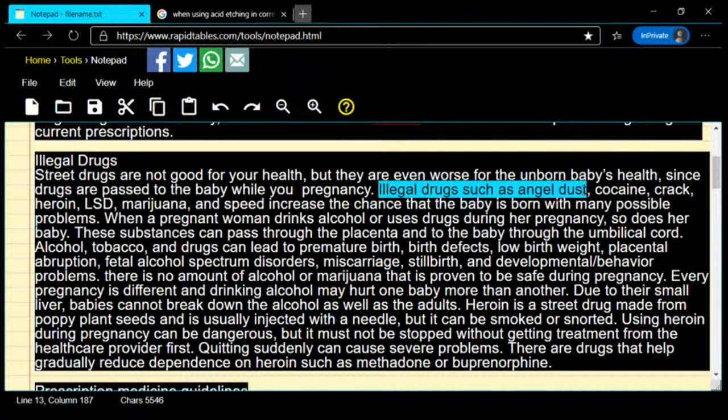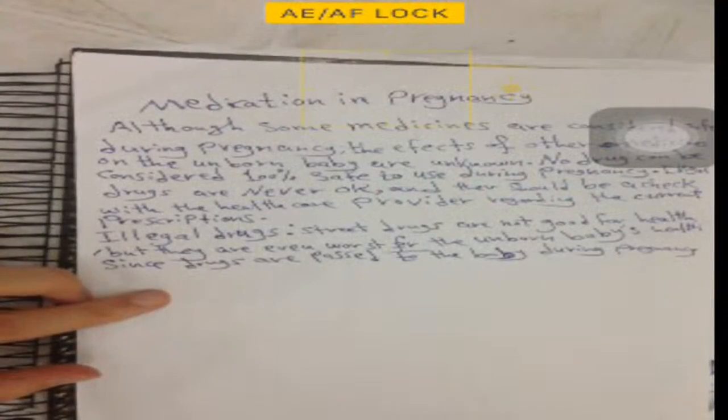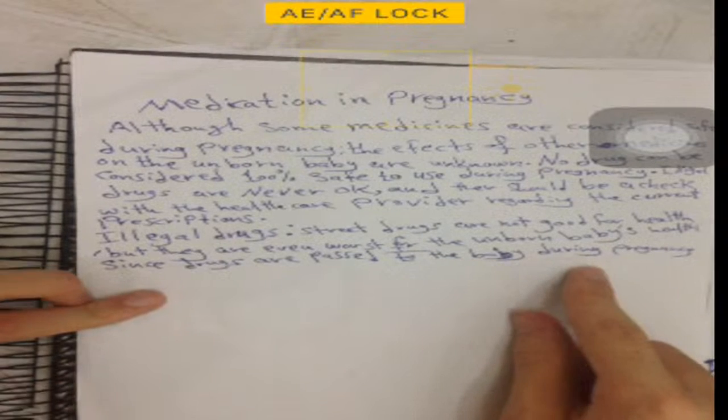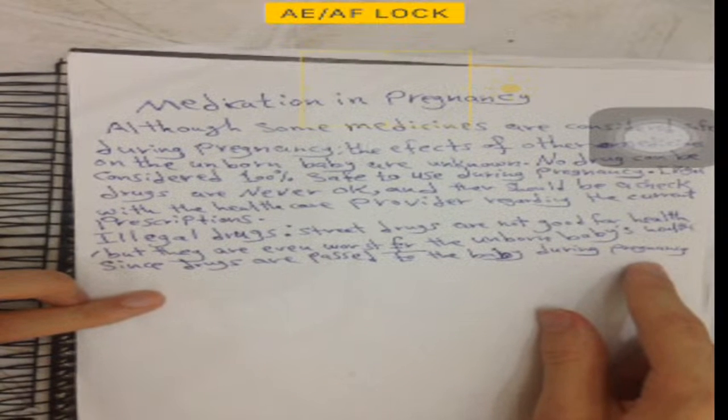Now we will mention illegal drugs such as angel dust and cocaine, which are passed to the baby during pregnancy.